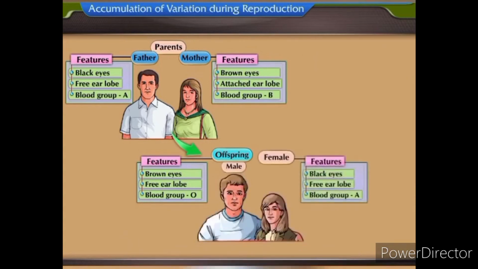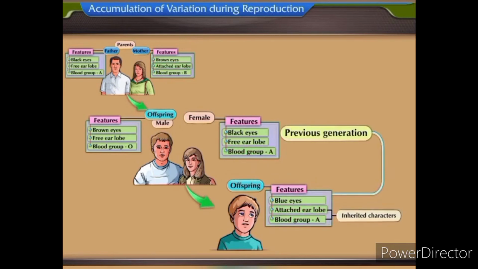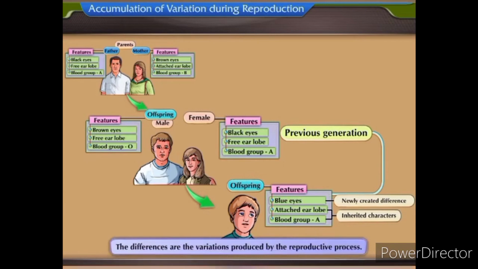When the individuals of the new generation reproduce, their offspring will have the differences that are inherited from the previous generation as well as certain newly created differences.